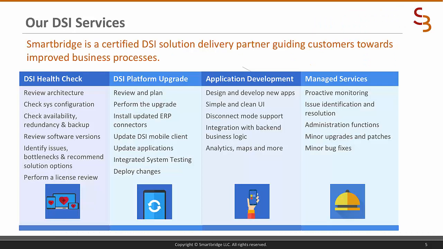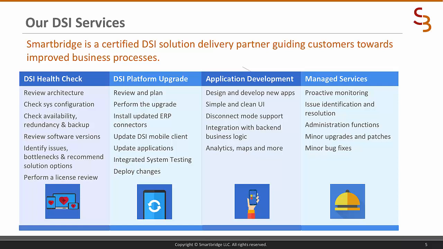I will quickly talk about the services we offer to clients who own and use DSI mobile platform. Our DSI services fall in primarily 4 categories. We offer DSI Health Check, where we review the architecture, configuration, and software versions, identify issues with the architecture or configuration, and then recommend solutions.